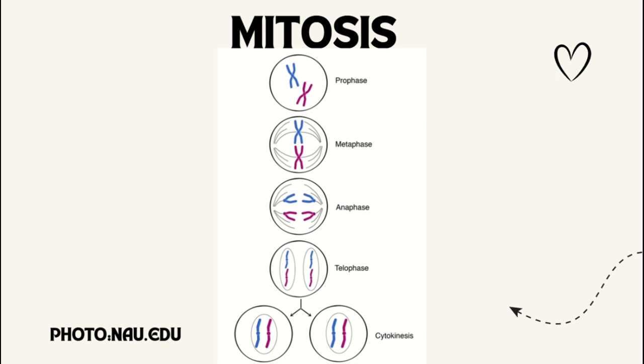That's going to happen, and the chromosomes become condensed. So that's really what's happening in prophase for the most part, right? And the reason they're becoming condensed is because before they were not condensed, they were decondensed, they were not showing, right? And now they're showing, so they're condensed. So that's prophase.